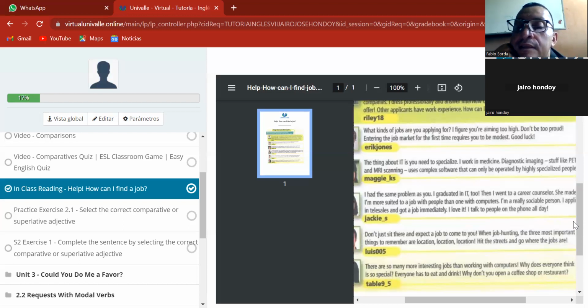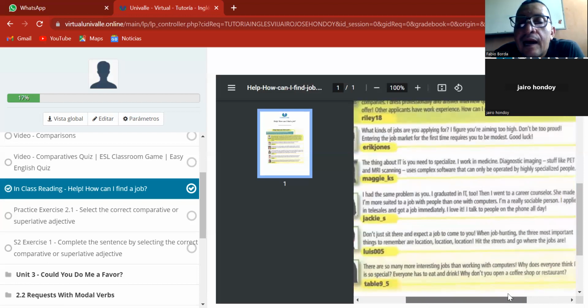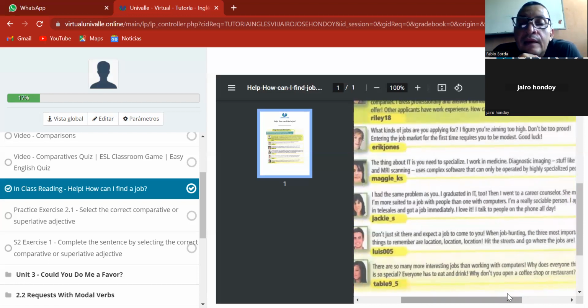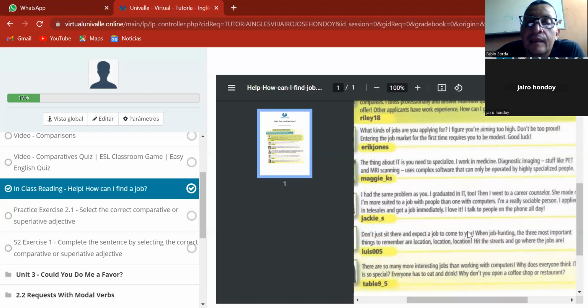I work in medical diagnostic imaging, stuff like PET and MRI scanning, using complex software that can only be operated by highly specialized people.